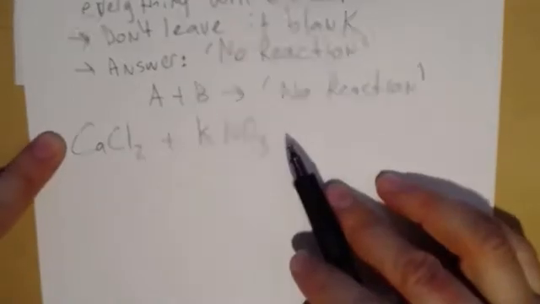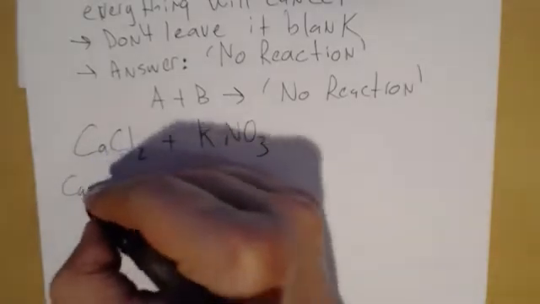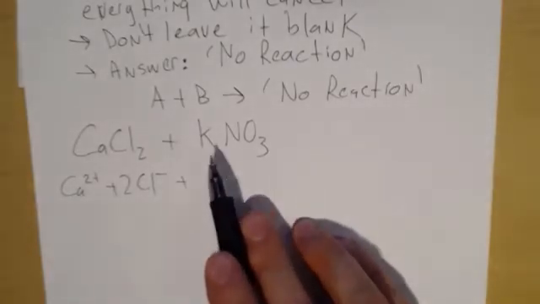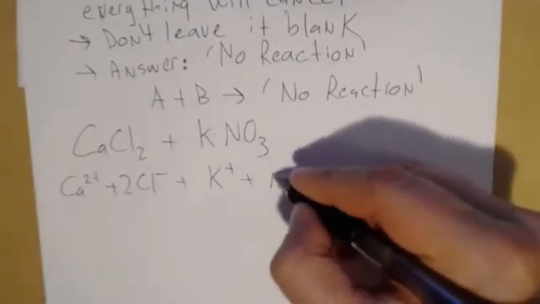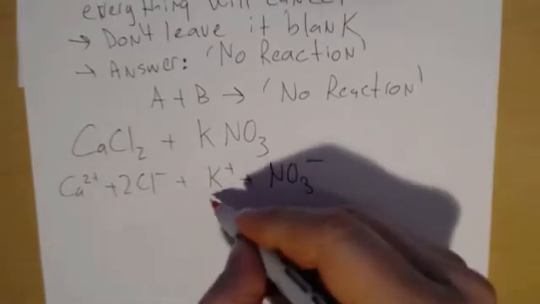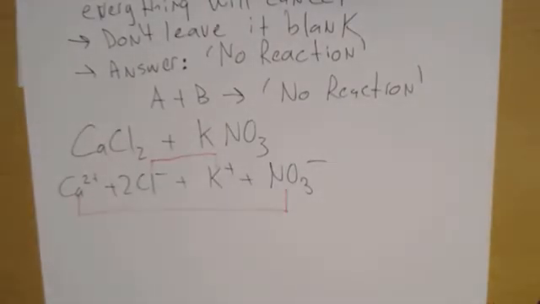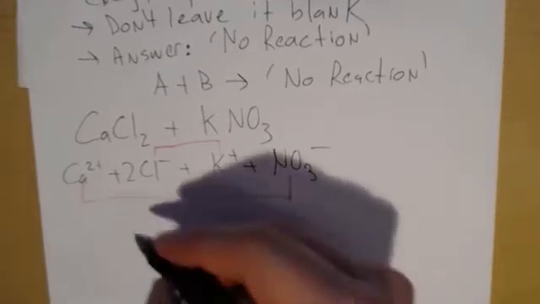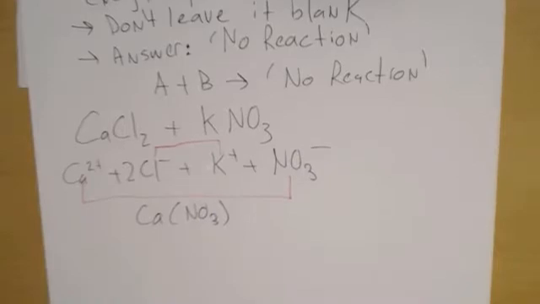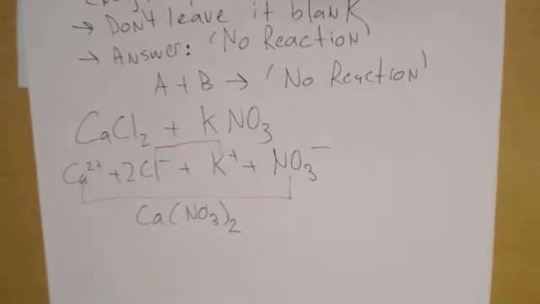Absolutely. Let's continue. So calcium chloride, we broke this one apart before. It's calcium 2 plus, 2 chloride minus. This is very similar to the silver nitrate. It's potassium plus and nitrate minus. When they switch partners, potassium's going to go with chloride, calcium's going to go with nitrate. So my products are calcium nitrate, and this is a +2 and a -1, so it's got to go 2 nitrates to make a 0.